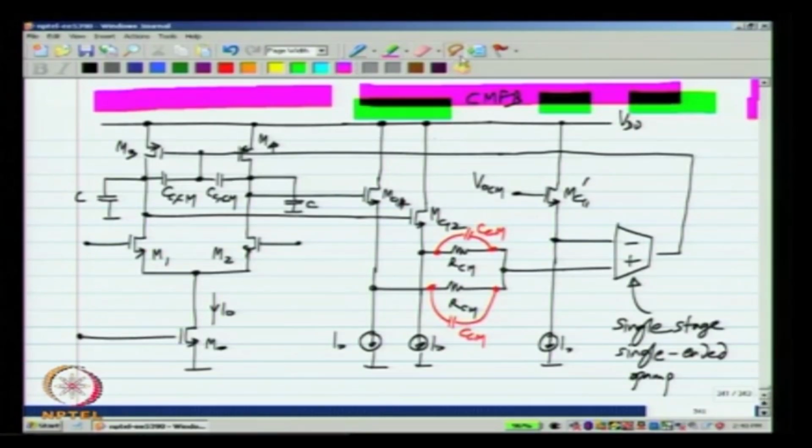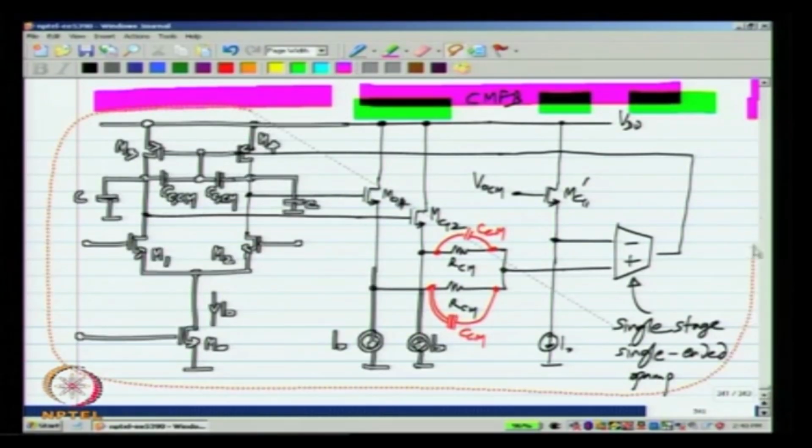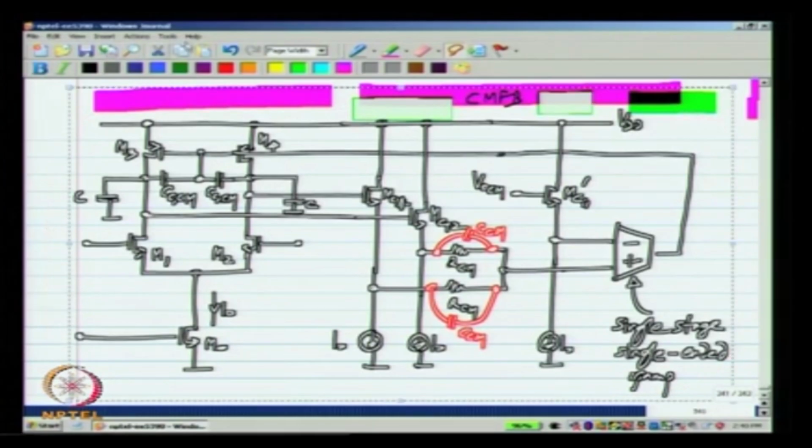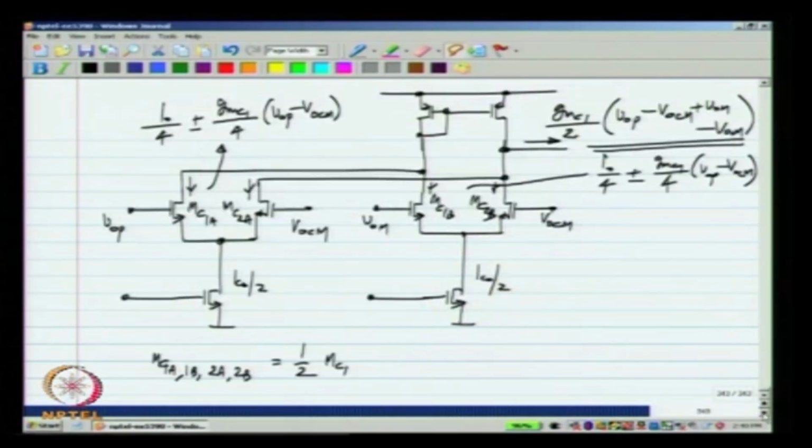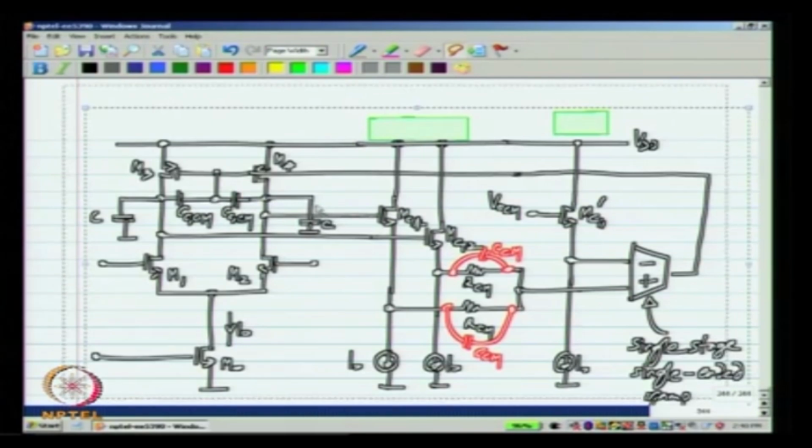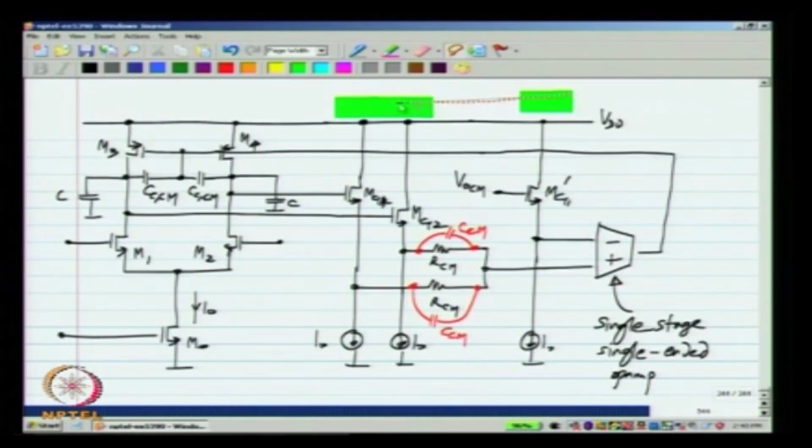And how do we use that? Let me copy this over. So, I will remove all of this stuff.